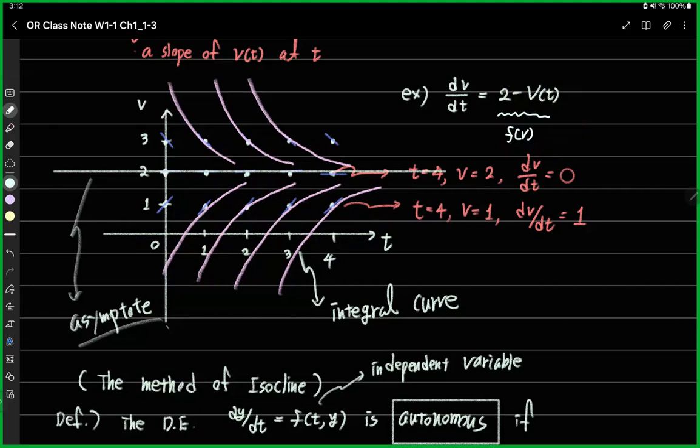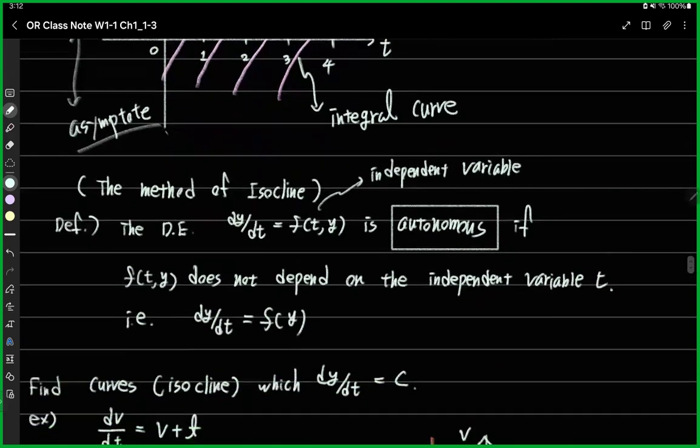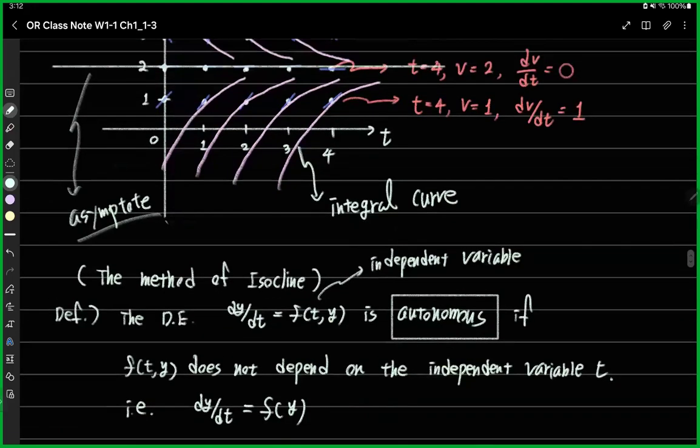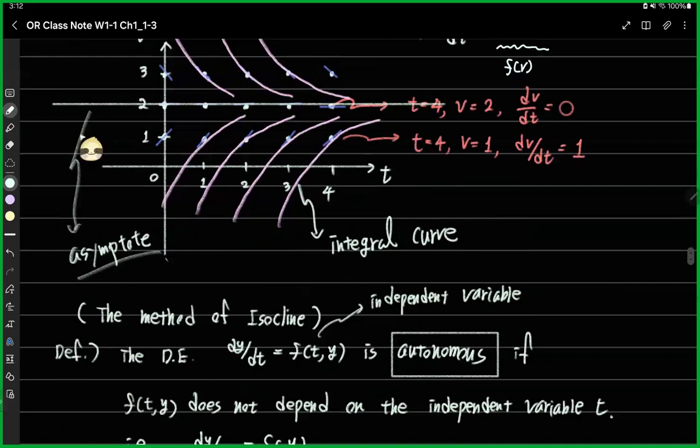So if the differential equation is autonomous, then when you draw the direction field, along a horizontal line the value of dv/dt, which means the slope of the solutions, is identical at every single point on that horizontal line.